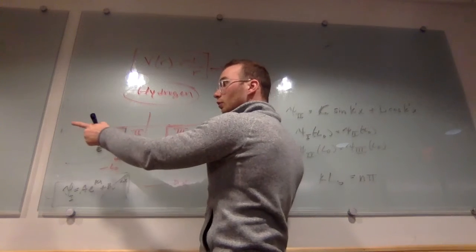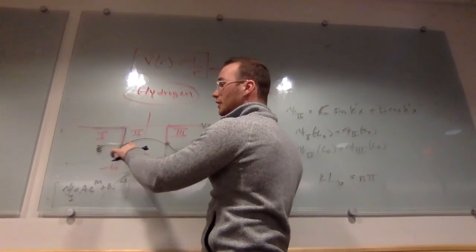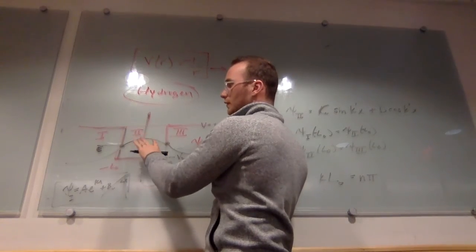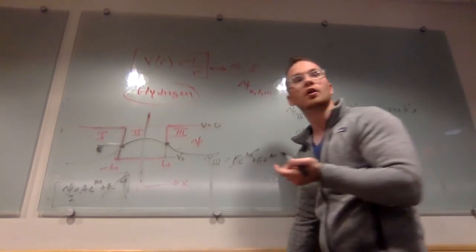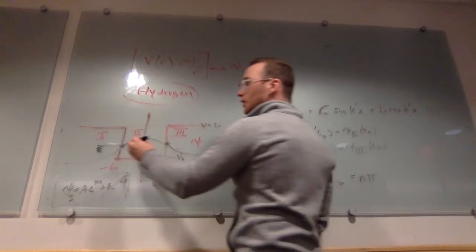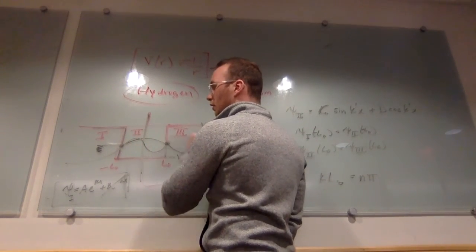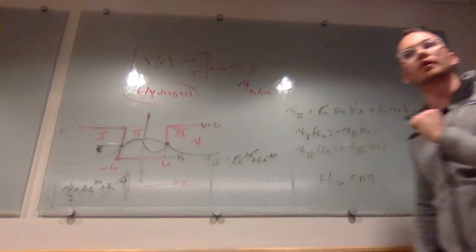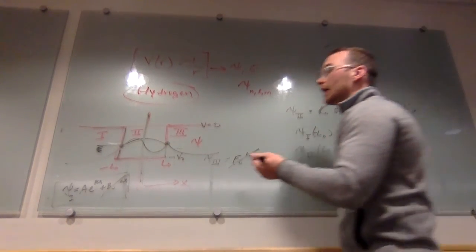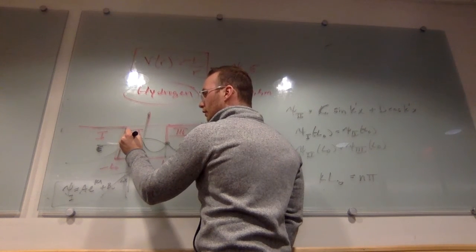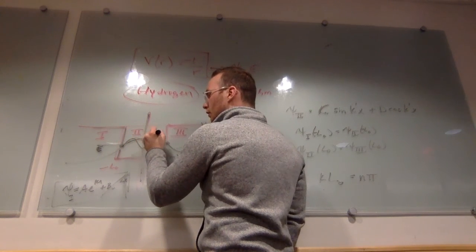The second one is even, because around 0, if you reflect it, you get the same thing. The second one is going to be this. It's just like the harmonics of a wave on a string. And then the third one, I think, is going to be like that.